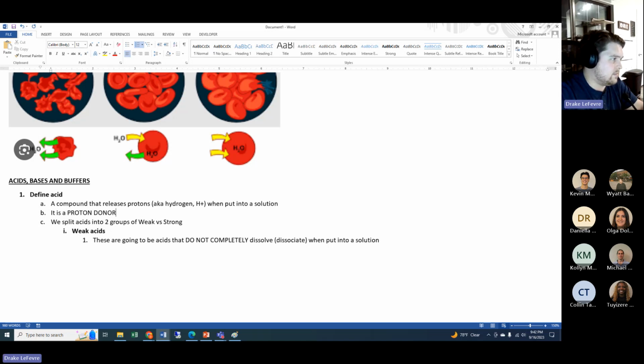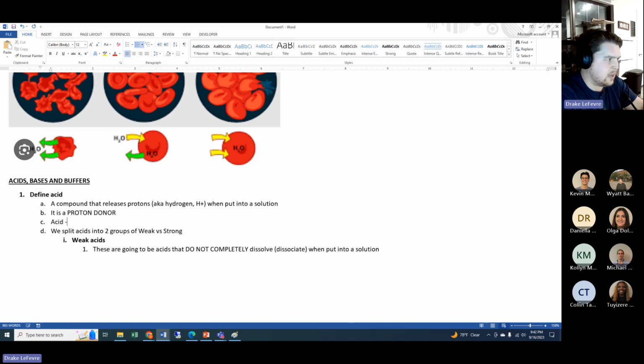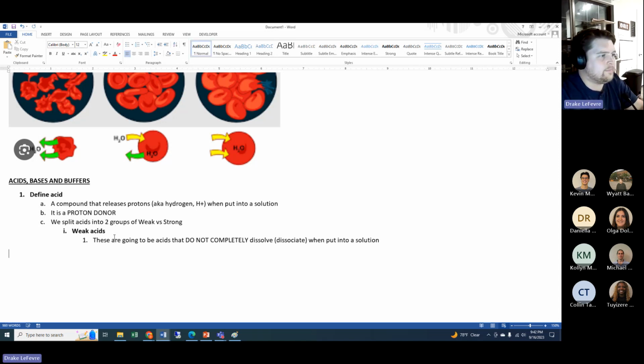So when we put the acid into a solution, a weak acid is not going to completely dissolve or dissociate. This means that it does not donate all of its hydrogen ions, or protons, H plus, whatever you want to call it, to the solution.